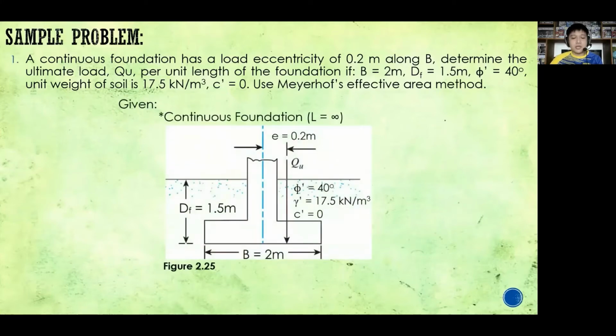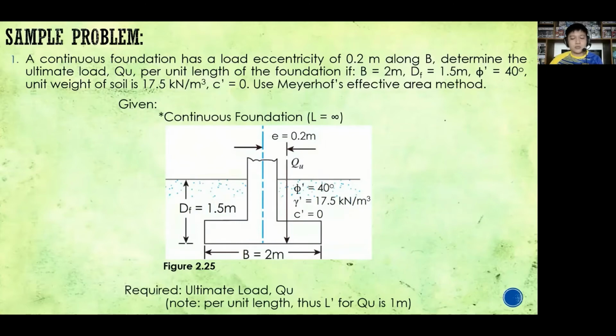So we have our givens and our requirement, again QU, per unit length. Thus, L prime for QU, even though it is a continuous foundation, we will take as 1 meter. But in the process of determining our pressure QU, the small q, we will use L equal to an infinite value.